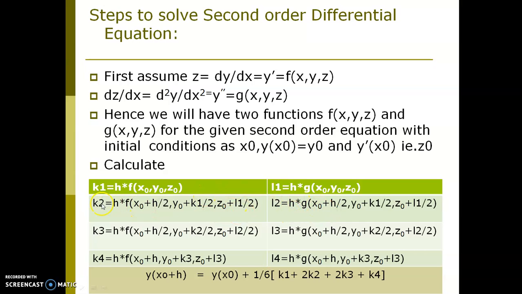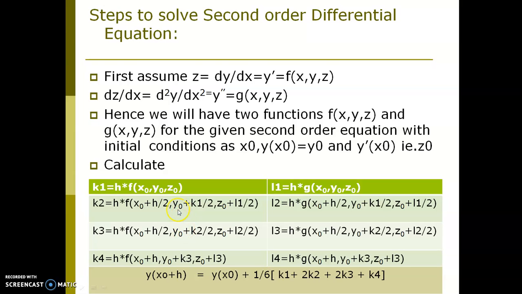Now for L2, we will use the same three variables, put them in function g, multiply by h and store it as L2. Similarly, k3 and L3 are calculated at the same x point. If you see, x0 plus h by 2, x0 plus h by 2, we are not making any modification for the x variable when we move from k2 to k3.